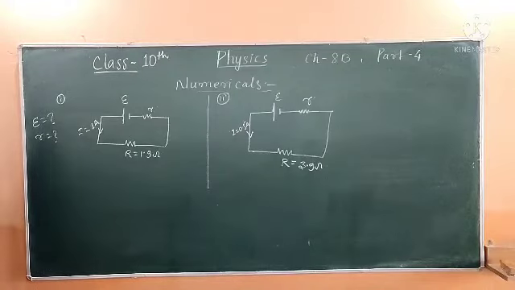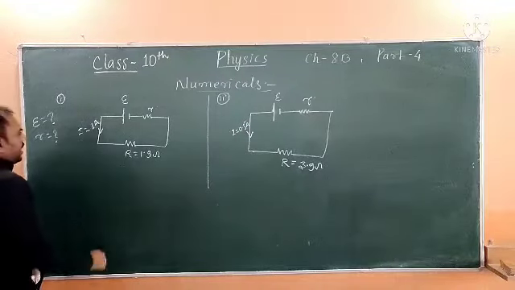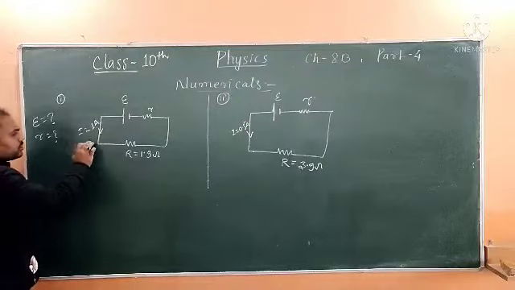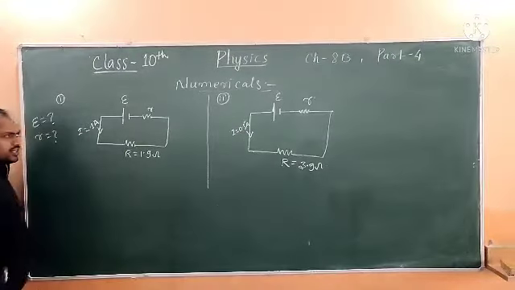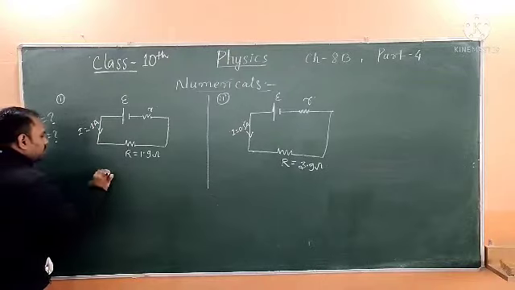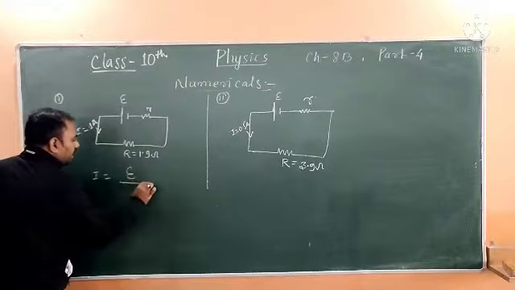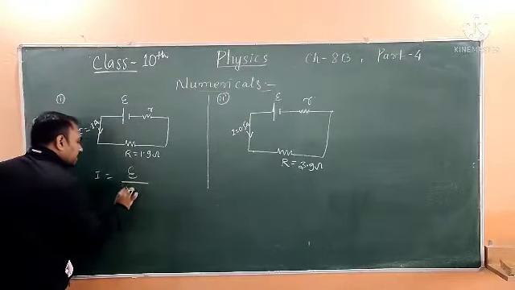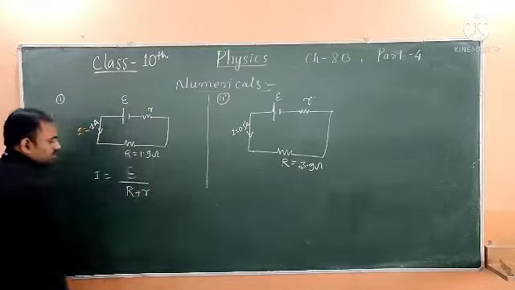Okay, dear, as I have the current and an external resistance, we know the relation that I is equal to epsilon upon capital R plus r.